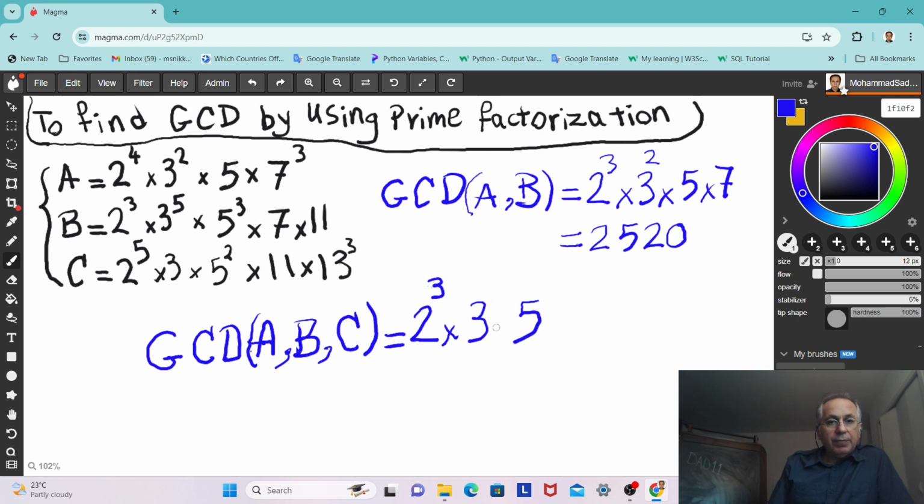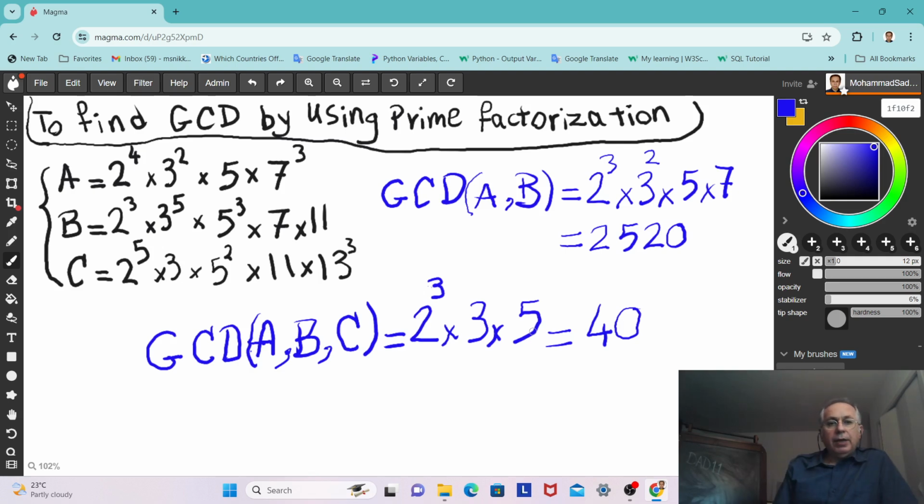And the least exponent for 5 also is 1, which is in A. This means that the greatest common divisor for the three numbers A, B, and C equals 2 to the 3 times 3 times 5, which equals 40. You can use this way to find or calculate the greatest common divisor for 2 or more numbers.